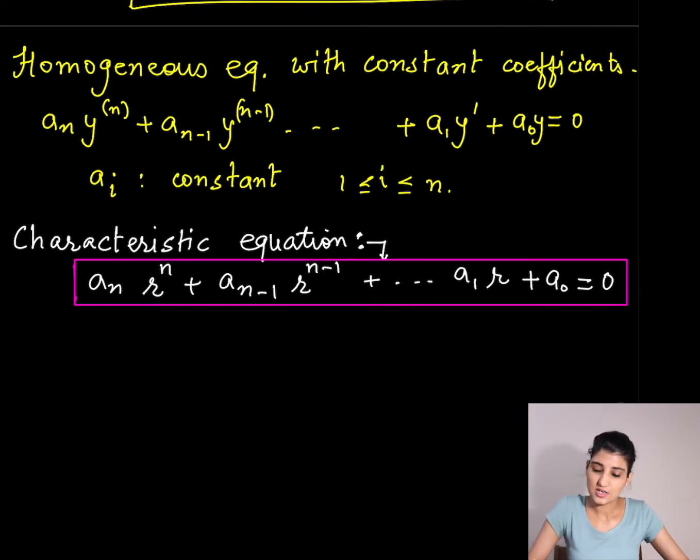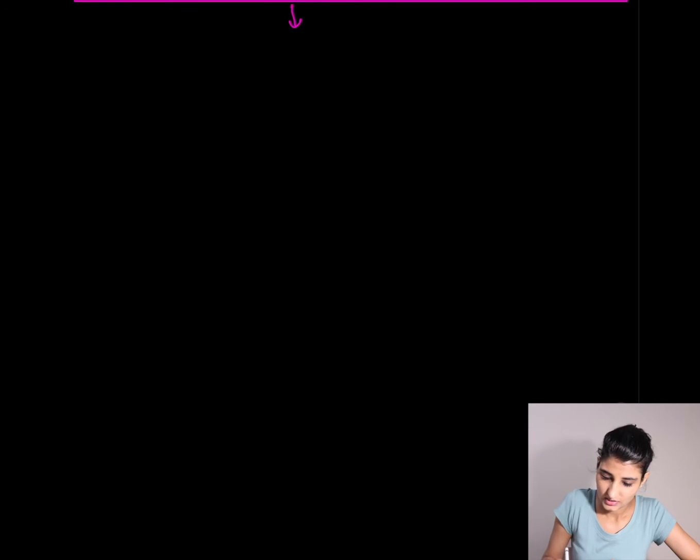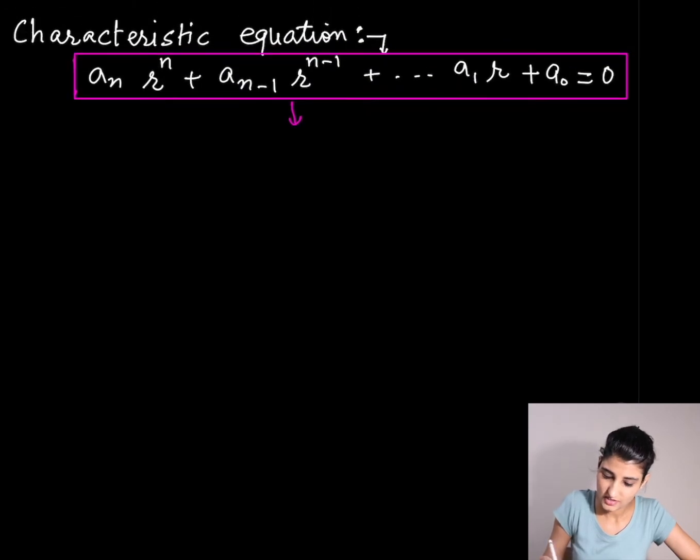Same here, we are going to have three cases. So we have the characteristic equation, we calculate its roots, and then we talk about the three cases: if the roots are real and distinct.